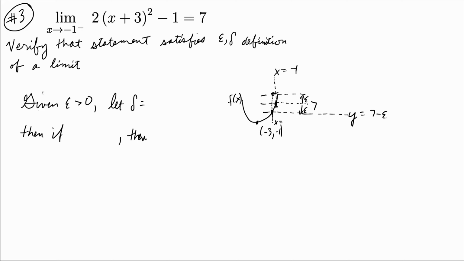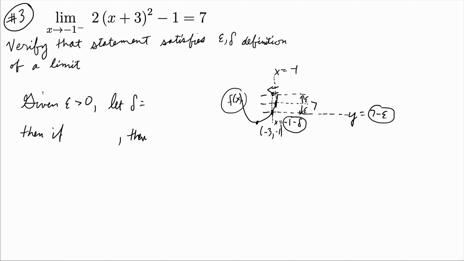This guy right here is delta over from -1. So x is equal to -1 minus delta, moving to the left. Okay, so this point right here, we have some information about it. We know its y value, we know its x value, and we also know the function that we're plugging into because it's on the curve.